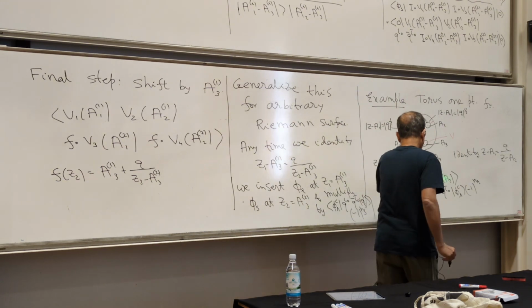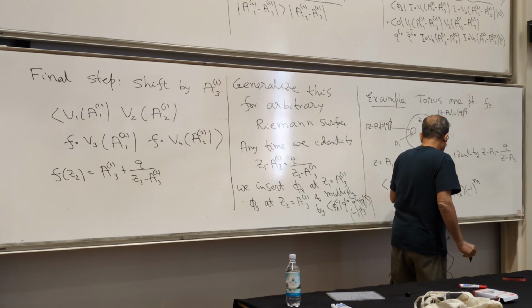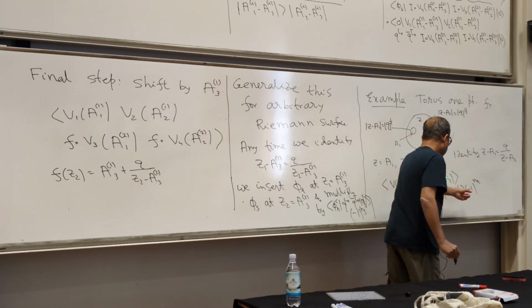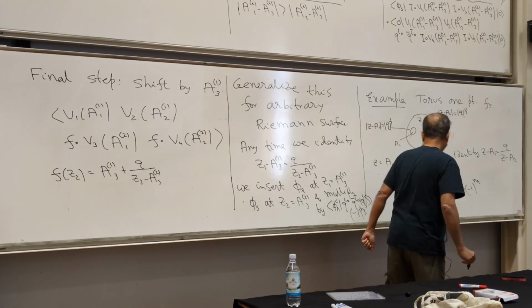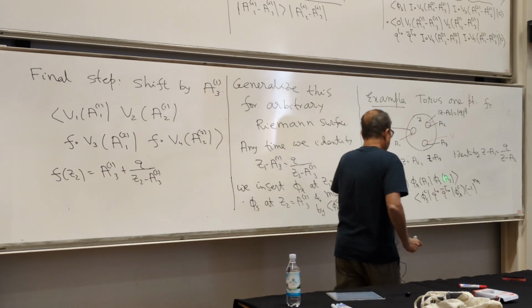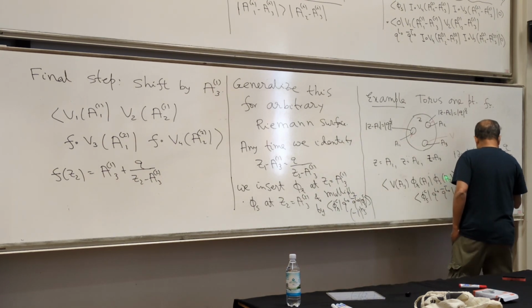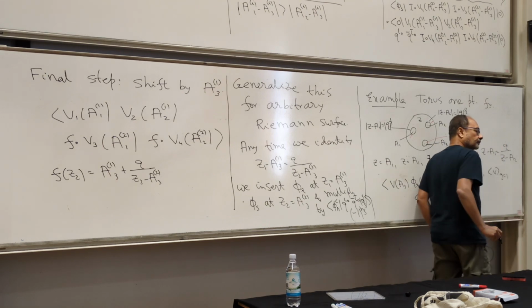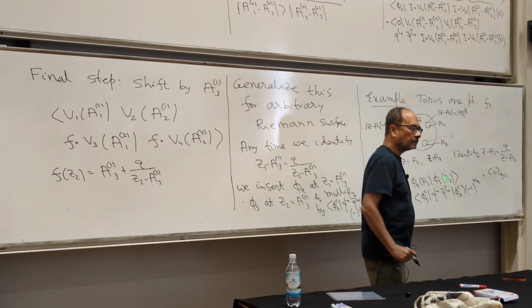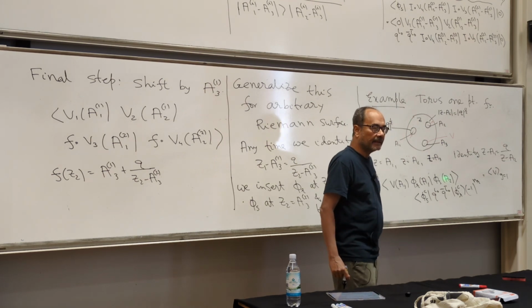Okay, so you insert basis states. Wherever you are identifying things, you insert basis states, phi r at a1, phi s at a2, and then glue them by this factor over here. Okay. So this gives you an expression for the torus one-point function. This is V on the torus at g equal to 1. Is this clear?